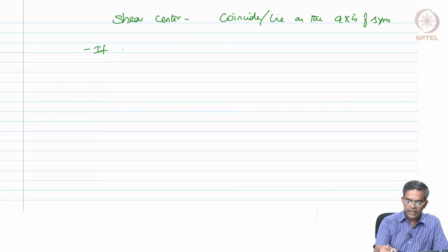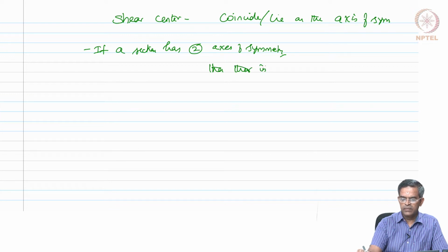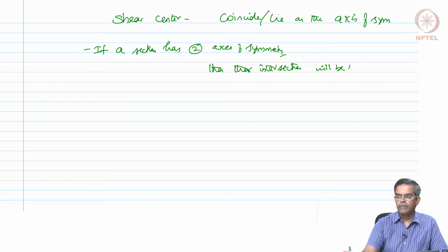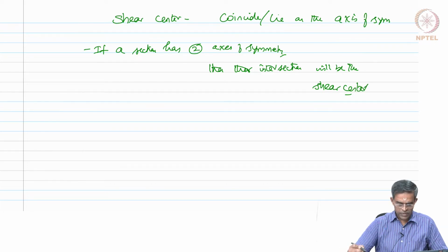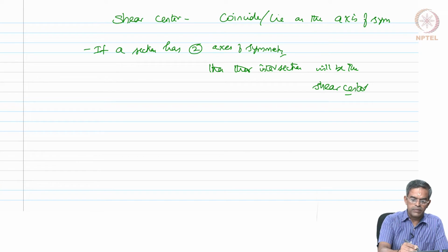If a section has two axes of symmetry, then their intersection will be the shear center. So, in most sections, shear center can be located by simple observation. Okay. We can show some examples.